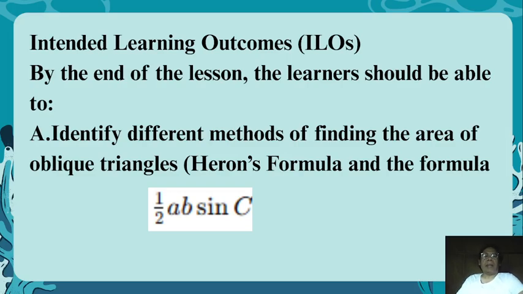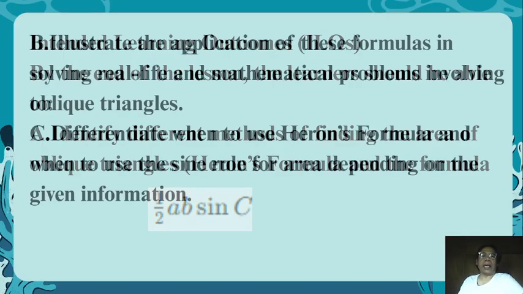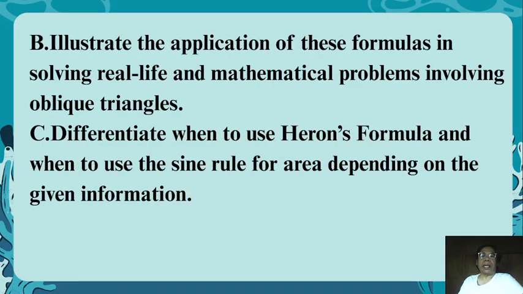Okay, so let's have another set, which is the intended learning outcome of the same lesson, lesson Roman numeral number 2. Identify different methods of finding the area of oblique triangles: Heron's formula, and the formula 1/2 times ab sine of angle C. Illustrate the application of these formulas in solving real-life and mathematical problems involving oblique triangles.